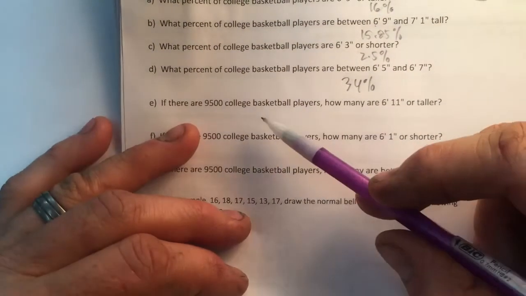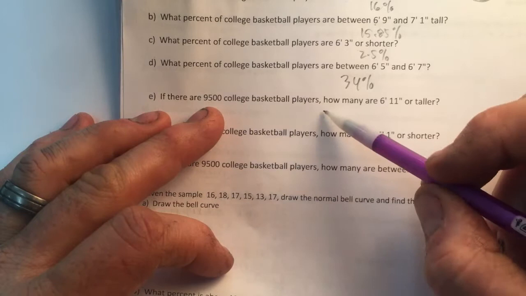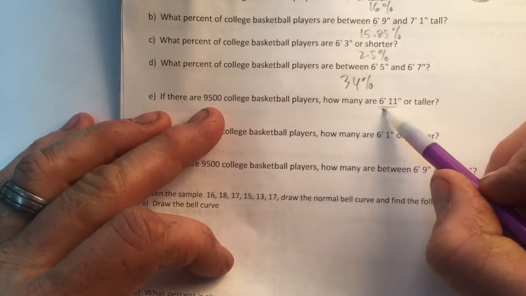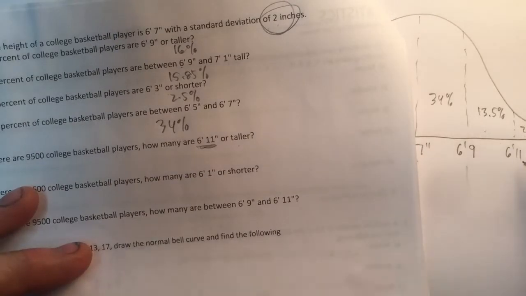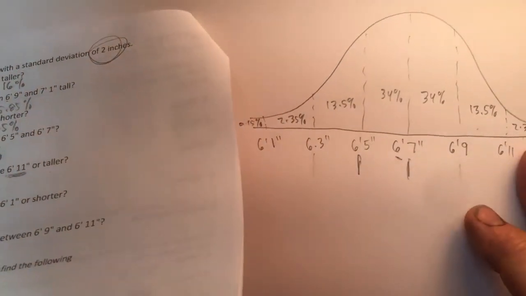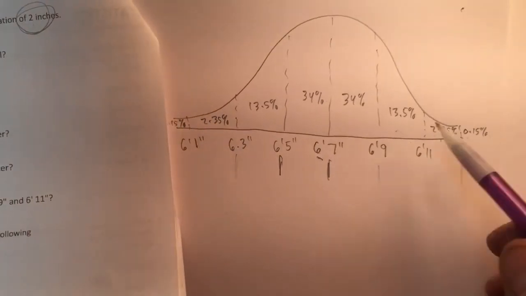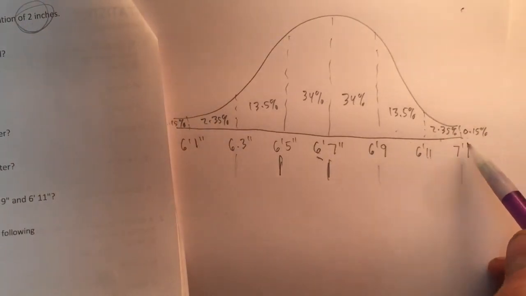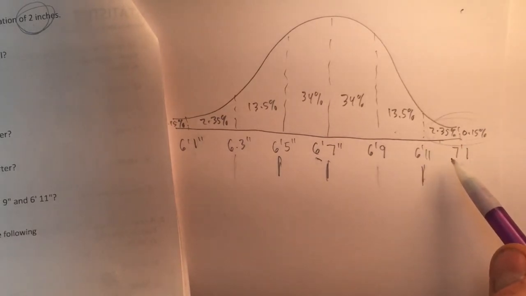Then right here, if there are 9,500 college basketball players, how many are 6'11" or taller? And I didn't realize this wasn't on the screen. 6'11" or taller, right here. I would add these two up, which is 2.5%.